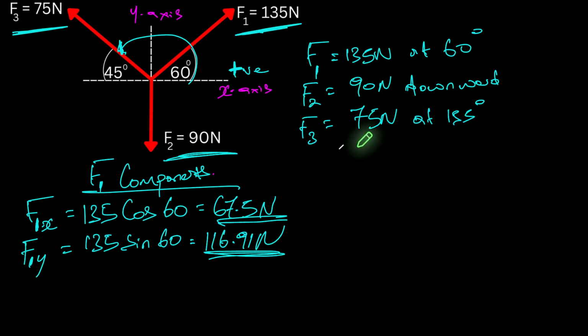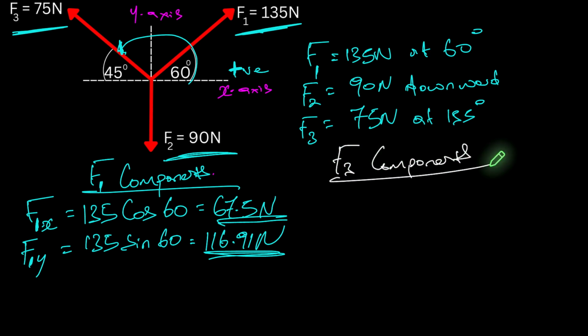Okay, so for F3 components, we're going to apply the same thing, force cos angle and force sin angle. For our horizontal component, we'll write that as F3x. That's going to be force, which is F3 here, 75 newtons.